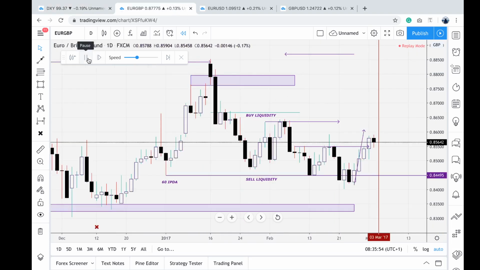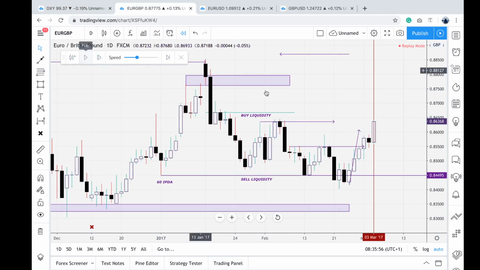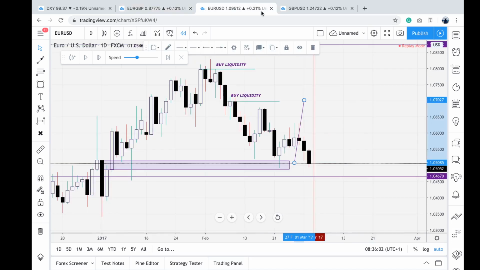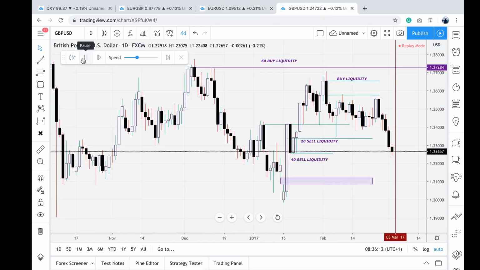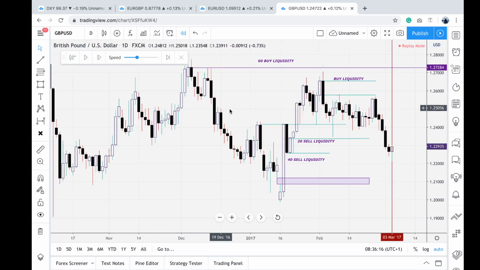British pound. So euro pound, we've achieved a buy target of this level, buy target of this level. So that is actually nice. Euro dollar, we're looking for bullish prices on euro dollar, and we got the bullish price exactly. British pound, no real change. Okay, so perfect.